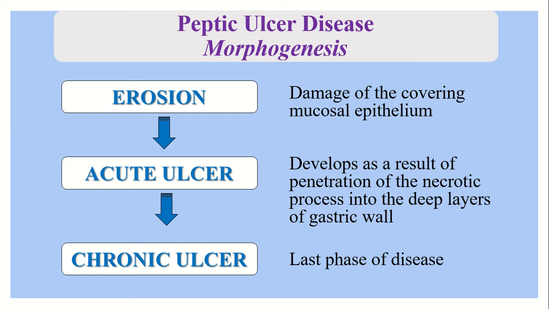First stage is erosion, the damage of the covering mucosal epithelium. Second, the acute ulcer stage that develops as a result of penetration of the necrotic process into the deep layers of the gastric wall. And finally, the chronic ulcer, the last phase of the disease.